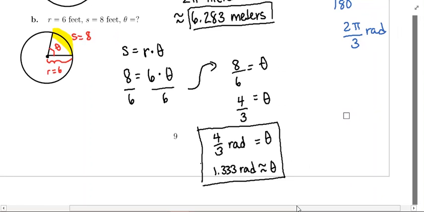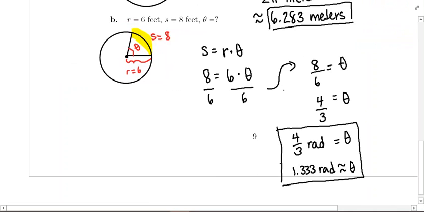If you really wanted to visualize how big this angle is, you could convert it back into degrees to get a better idea. So I'm actually going to do that. I'm going to do this conversion back to degrees using the exact answer for the angle, 4/3 radians, instead of the decimal approximation.